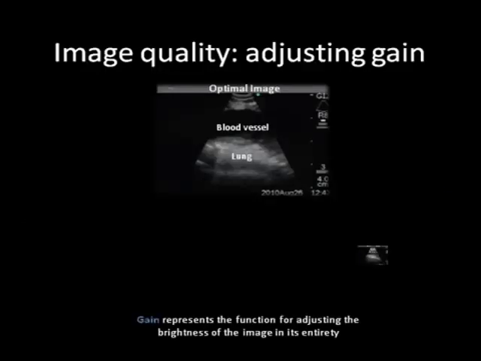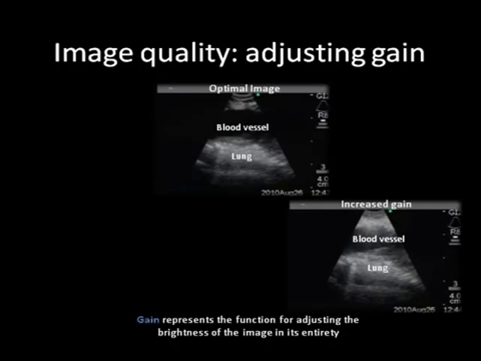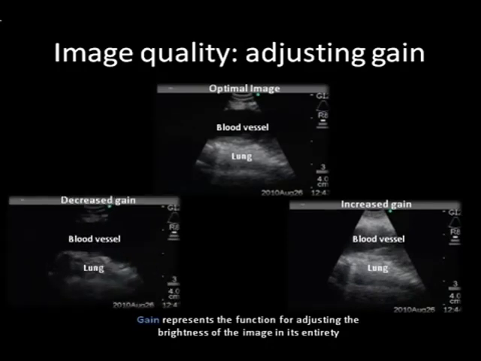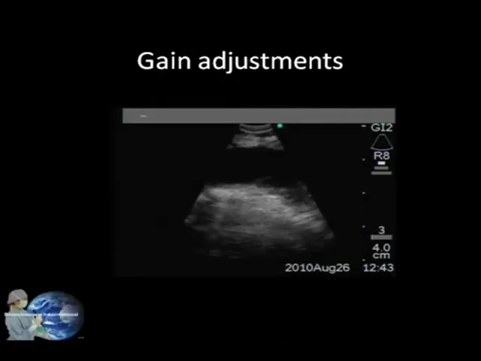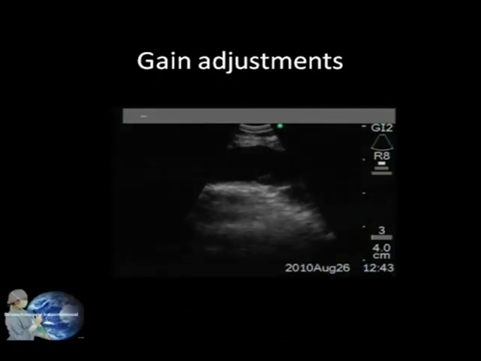Changing gain makes the whole image brighter or darker. The loss in amplitude that occurs as the ultrasound signal propagates through tissues is corrected by amplifying the signal proportional to the depth from which the signal came. Here is an example of gain adjustments.